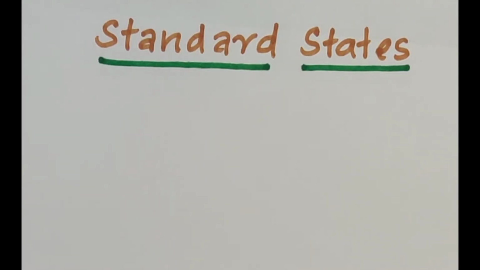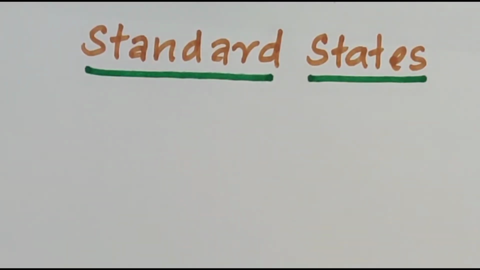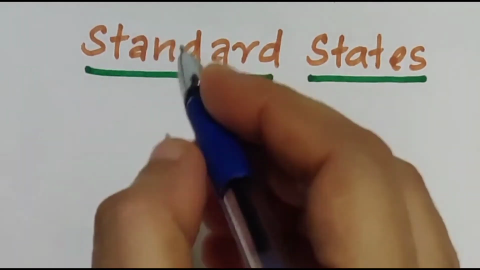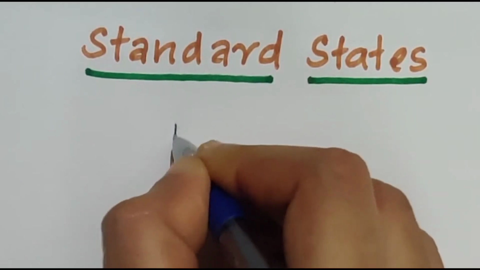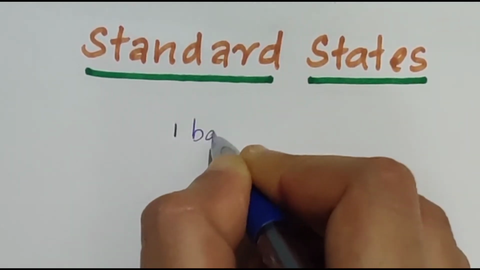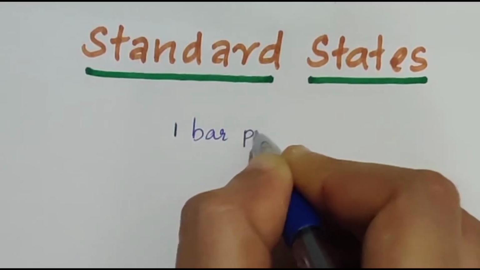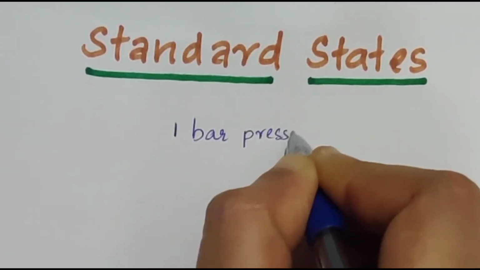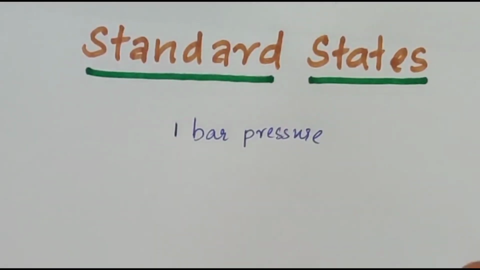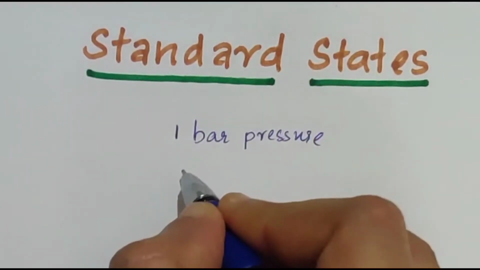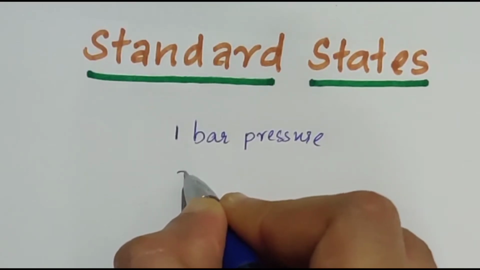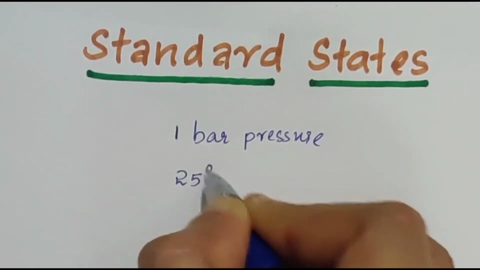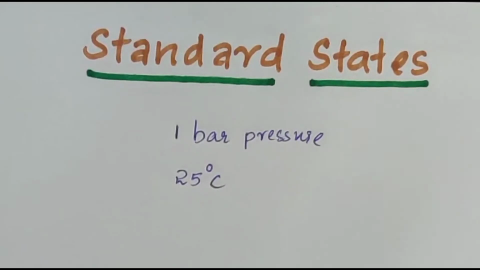Standard state is the pure form of a substance at 1 bar pressure. The standard condition is 1 bar pressure or 1 atmospheric pressure and 25 degrees Celsius.